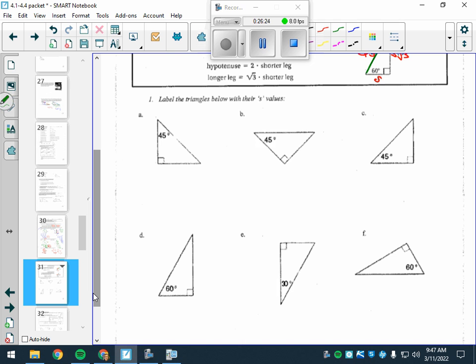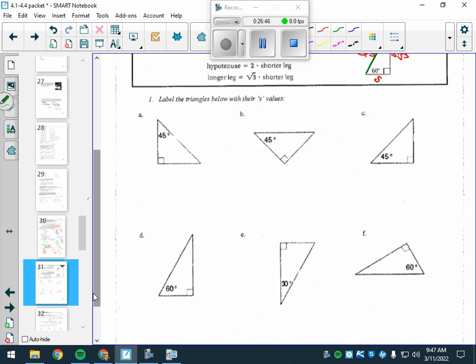All right, this is just real quick. I want you to go through and just label the sides. I know this is basic, but you're just going to get used to where to put the S root 2, where to put the S root 3, etc. The top 3 are 45, 45, 90 triangles. The bottom 3 are 30, 60, 90 triangles.